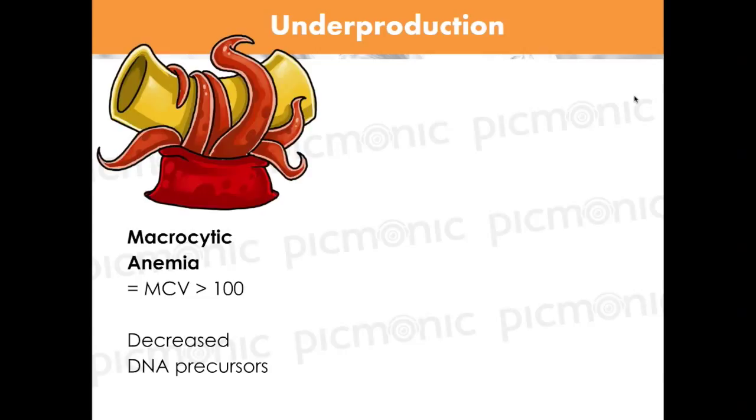Okay, so a macrocytic is something that has a mean corpuscular volume greater than 100. And this is something you're going to see when you get your lab sheet on the patient. You're going to see the MCV. If it's above 100, you're going to say it's macrocytic. And again, with macrocytic, as a general rule, there's decreased DNA precursors.